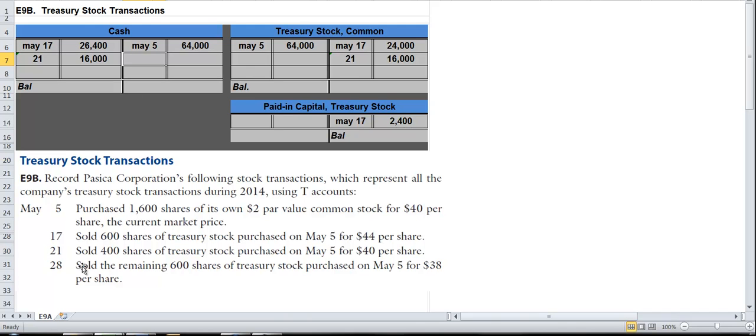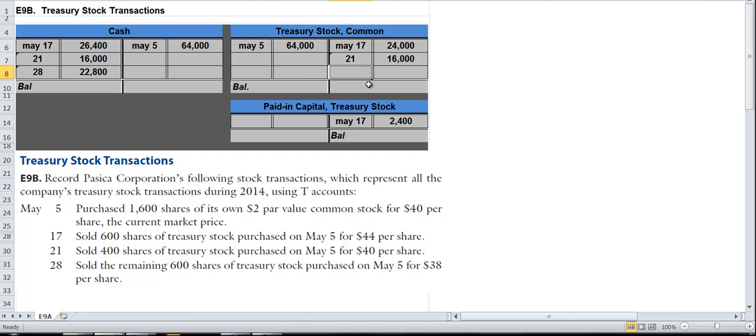But now if you look on the 28th, I sold my remaining 600 shares, and this time I sold them for $38. So I sold them for $2 less. So let's see what happens in this scenario. I sold the remaining 600 shares, so we're going to debit our cash account for the amount of cash that we received, which is the 600 shares times the $38, so that's $22,800.